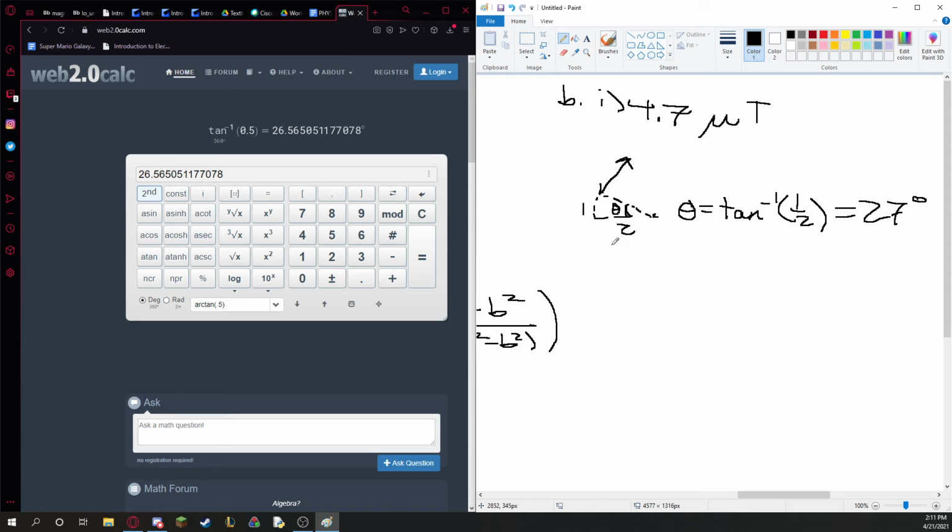And now, is that this same angle here? Or is it this angle here? Which angle is this same theta? Gonna be 1 or 2?